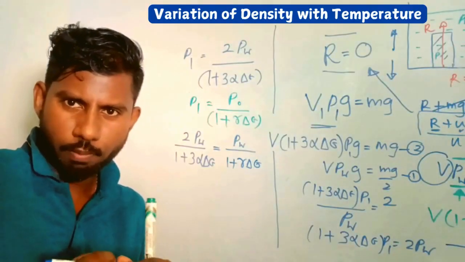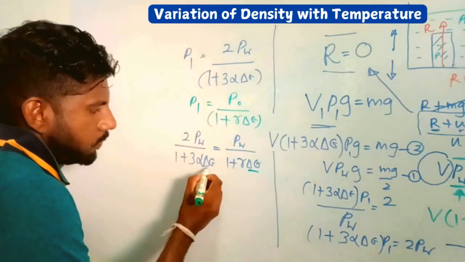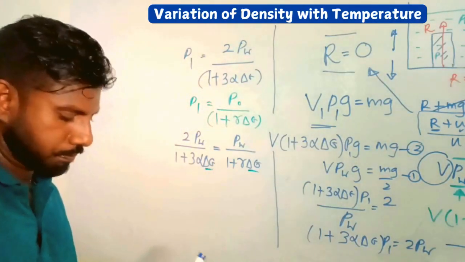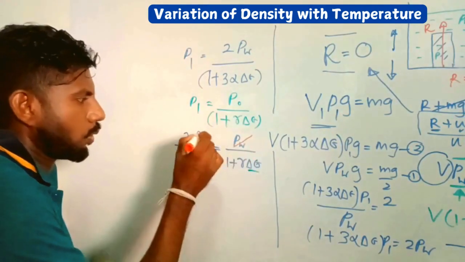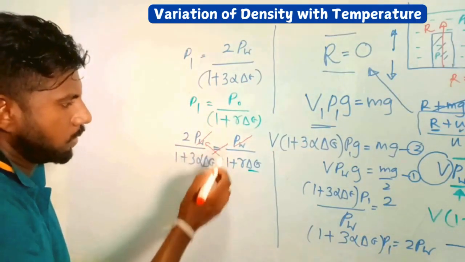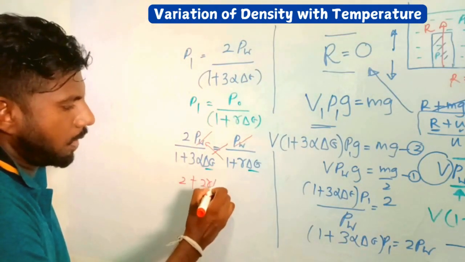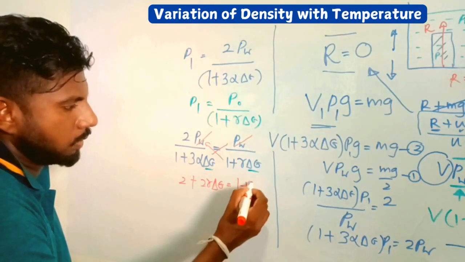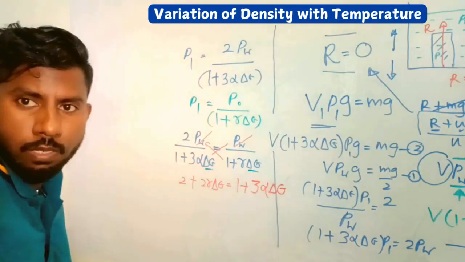Now we have to make delta theta the subject, that is our final answer. Let's simplify it now. Hope you can see rho W cancels off. So I am doing cross multiplication: 2 plus 2 gamma delta theta equals 1 plus 3 alpha delta theta.